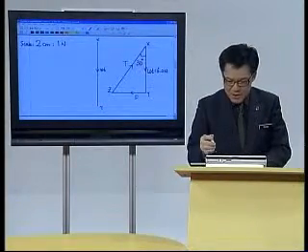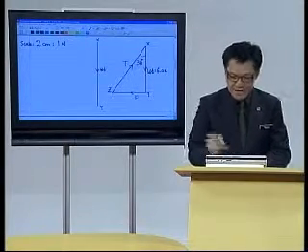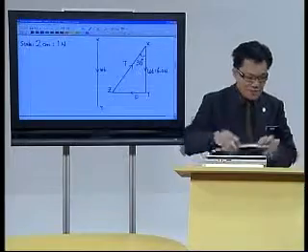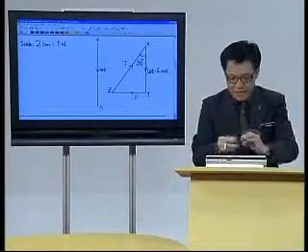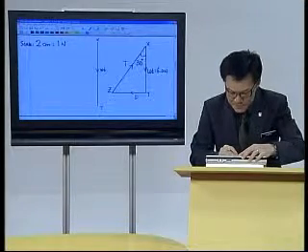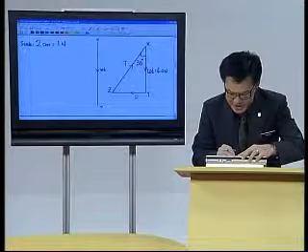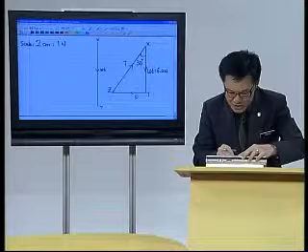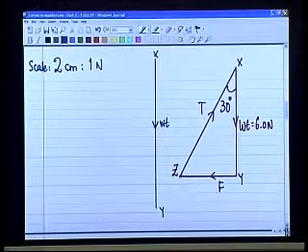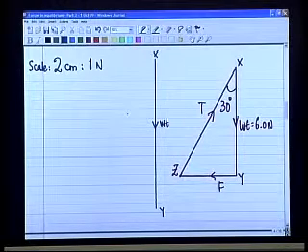The second line that I'm going to draw is XZ, because I know the angle, 30 degrees. I'm going to take the protractor from point X and measure 30 degrees. This is very simple because you don't have to do any calculation. You just draw your way to success. 1, 10, 20, 30.